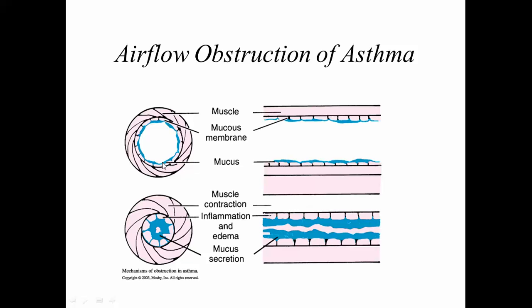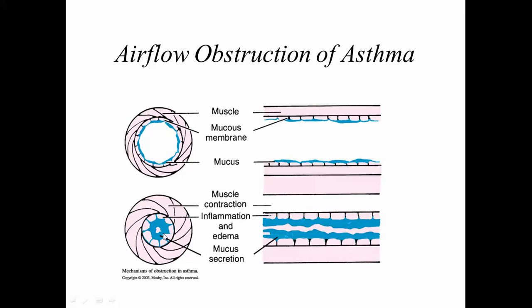Now, when a person has asthma, something will trigger an asthma attack or an asthma episode, and what happens is there are these mechanisms of obstruction. There's muscle contraction, so the muscle constricts, there is inflammation that occurs, and there's edema that occurs, and then there's also increased mucus secretion.